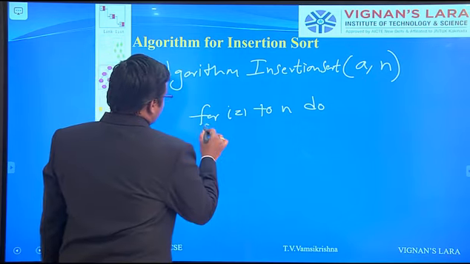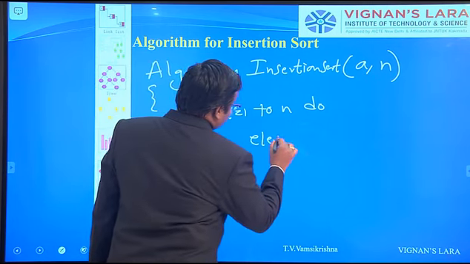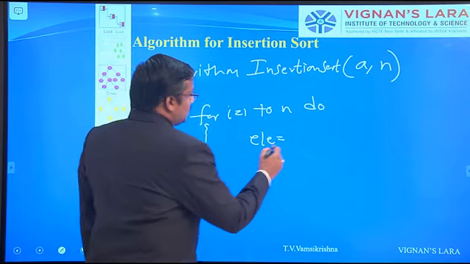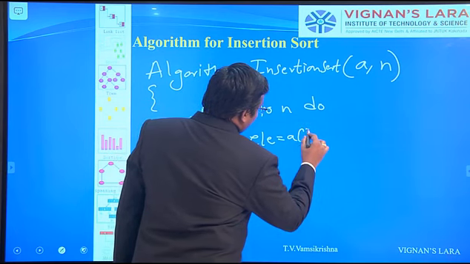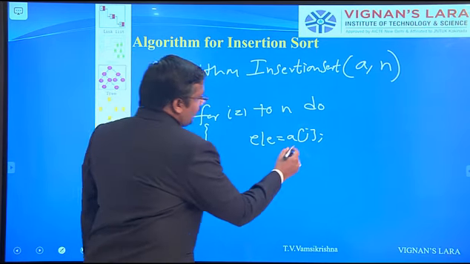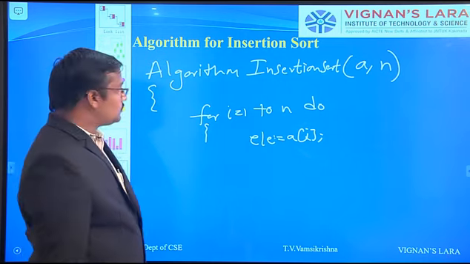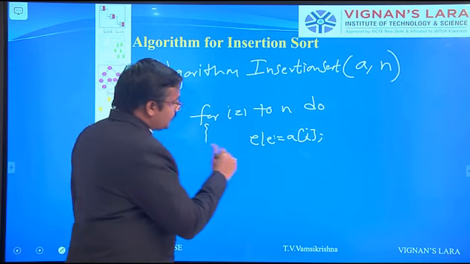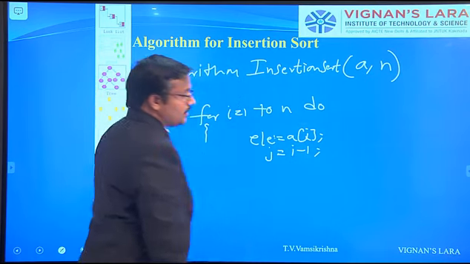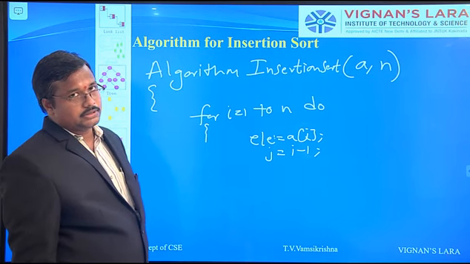Okay. So the next case, here we are taking one element. Each and every time we are taking one element into our hand. The element is the current element. What is the current element? A of I is the current element. So the next, we need to assign the value j is equal to I minus 1. j is for making a sequence of comparisons on the back side.